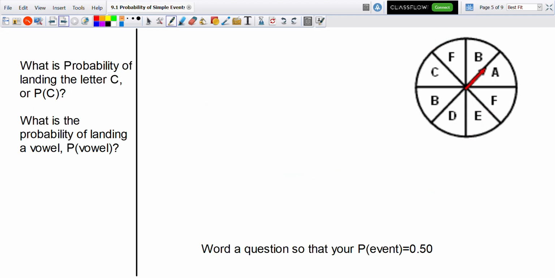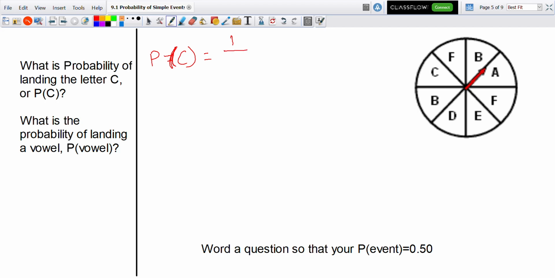Ooh, a spinner. What is the probability of landing the letter C on this spinner? Okay, so again, we're looking for how many favorable outcomes there are for spinning a C. I see on the spinner there's actually only one spot that has the C on it, right?